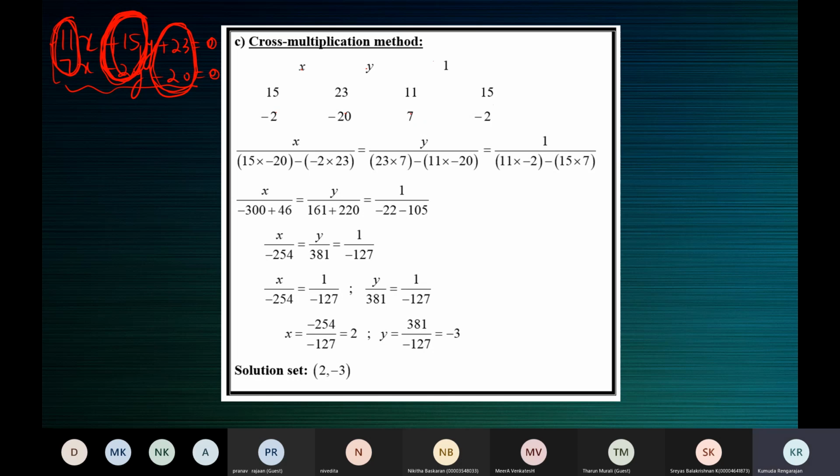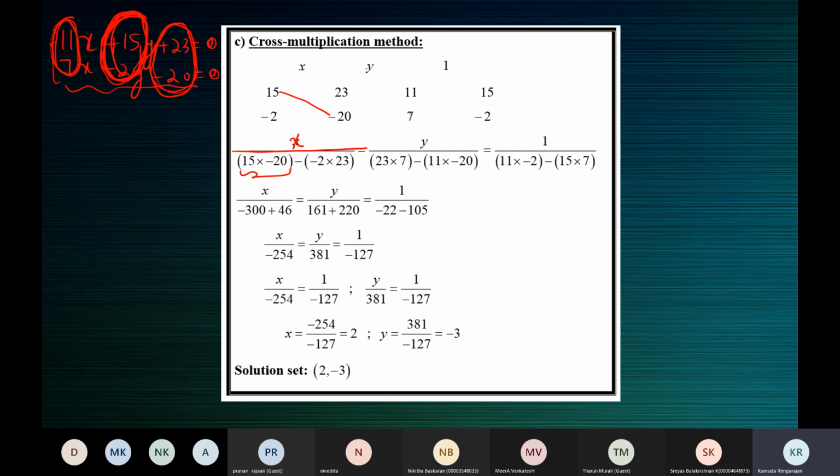Okay, next step. This is a format. Just follow it. So now x divided by the difference of the cross products. What is the cross product here? 15 into minus 20.